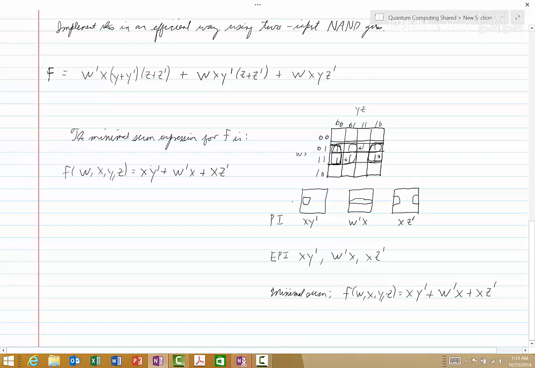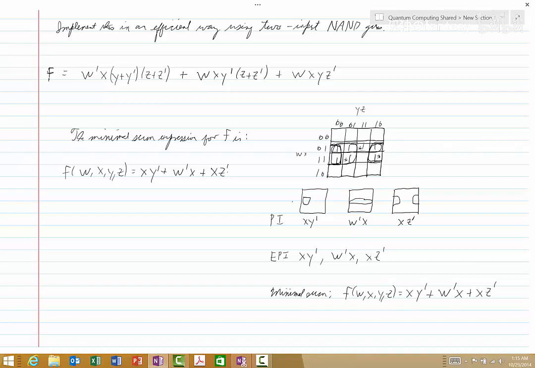This expression minimizes the number of literals, the number of appearances of these variables. It doesn't necessarily give us the fewest NAND gates in our final implementation, but it's a good bet that it will come close.